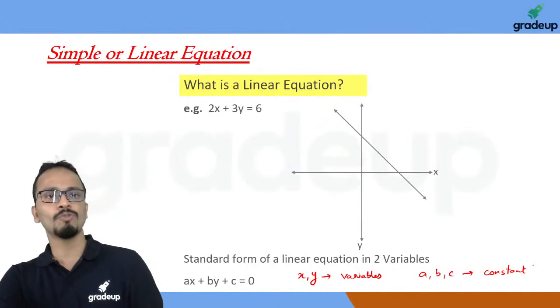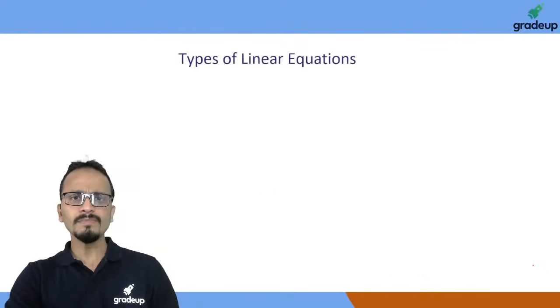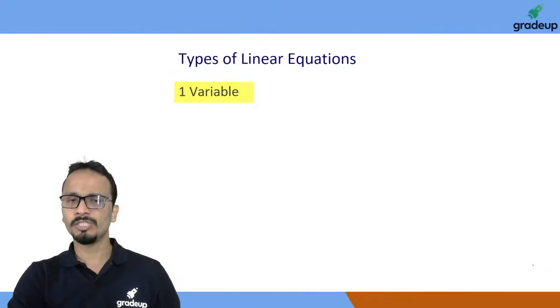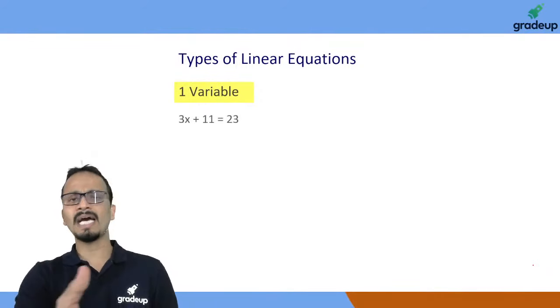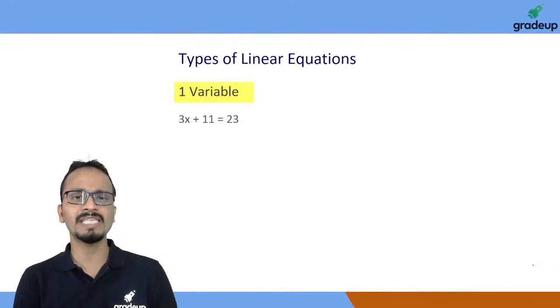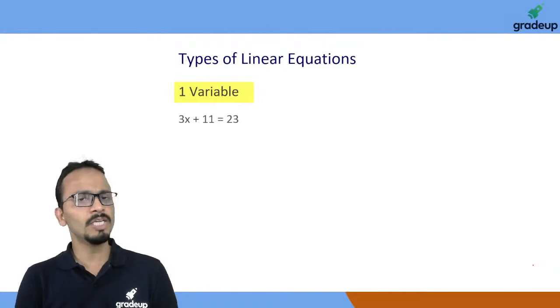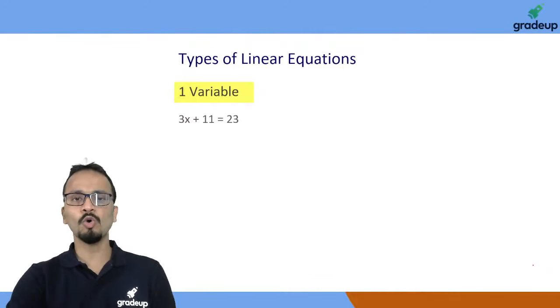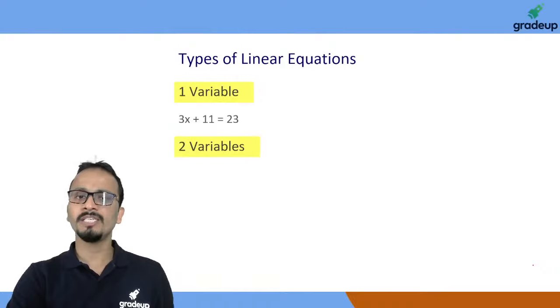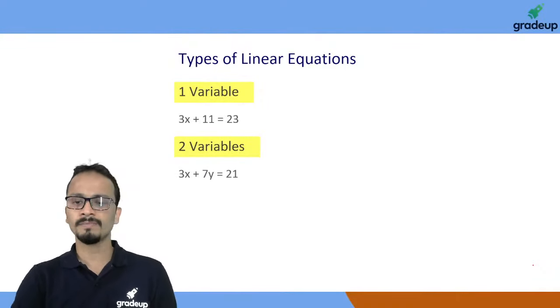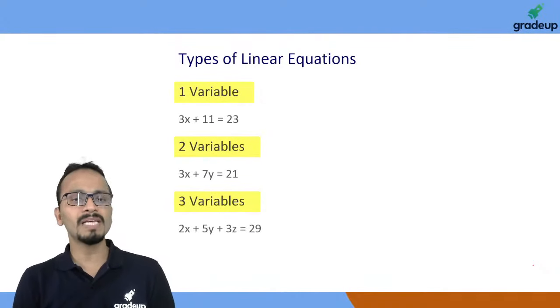Now, if I look at different types of linear equations, talking about linear equation in one variable, I have used only one variable in this example: 3x plus 11 equal to 23. So x is the only variable that is used. Another example, linear equations in two variables: 3x plus 7y equal to 21. Linear equation in three variables: 2x plus 5y plus 3z equal to 29.